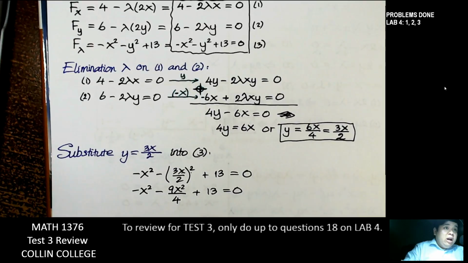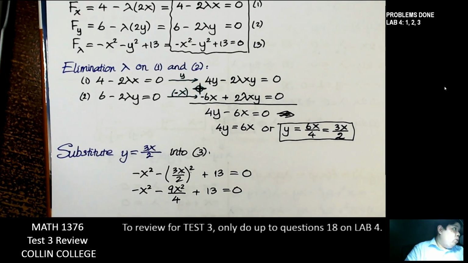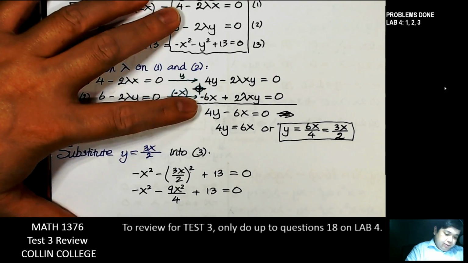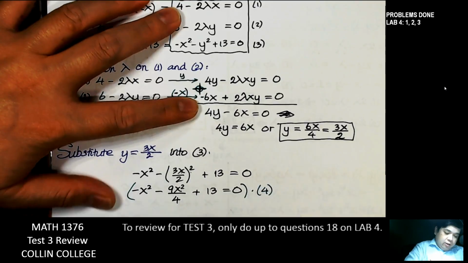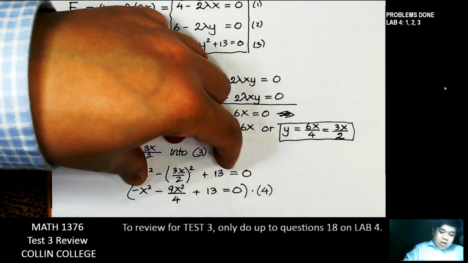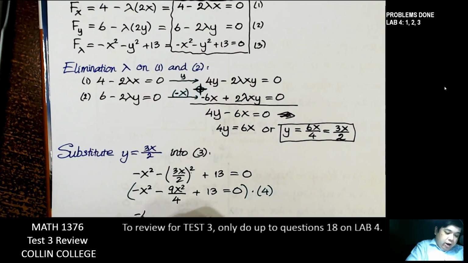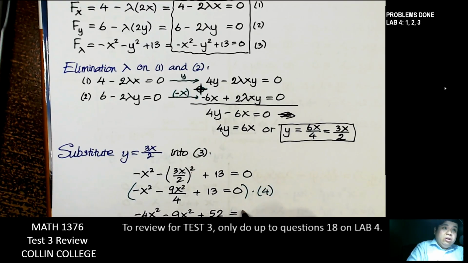Now we just need to eliminate the fraction, so I will multiply everything by 4. So the first term will be negative 4x squared, negative 9x squared because 4 and 4 cancel, and plus 52 equal to 0.